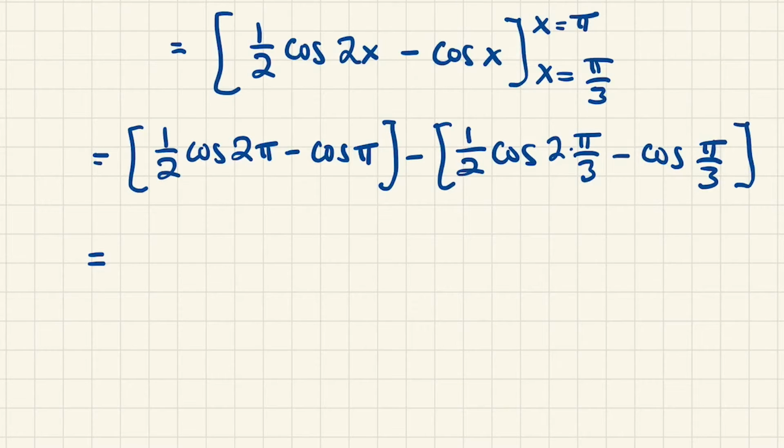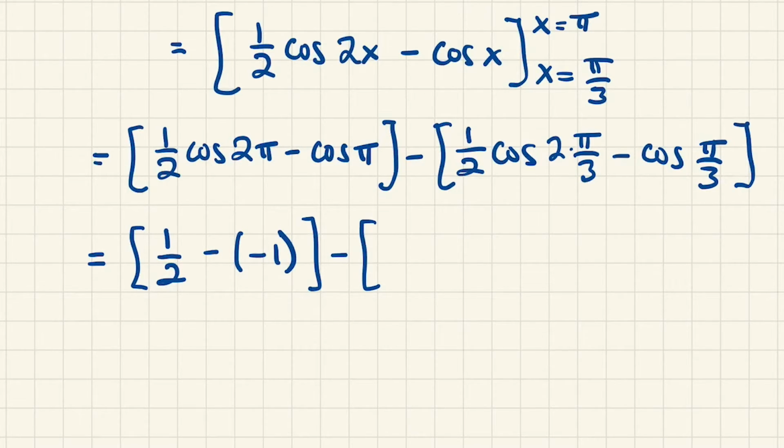Okay, well, cosine of 2 pi is positive 1, so this is 1/2, minus cosine of pi, which is negative 1. Cosine of 2 pi over 3 is negative 1/2. And cosine of pi over 3 is positive 1/2.